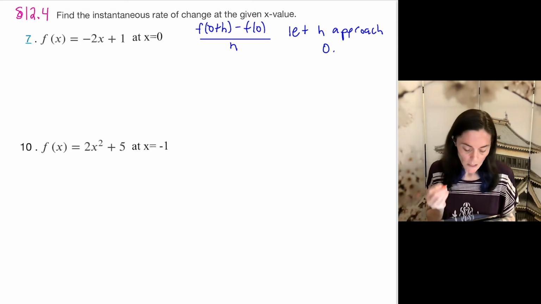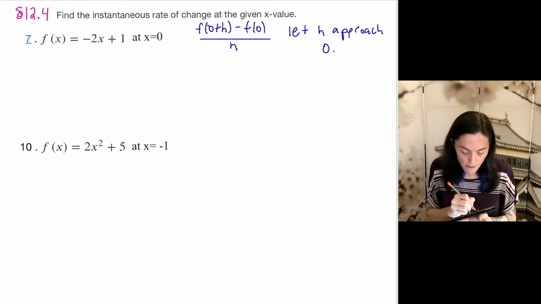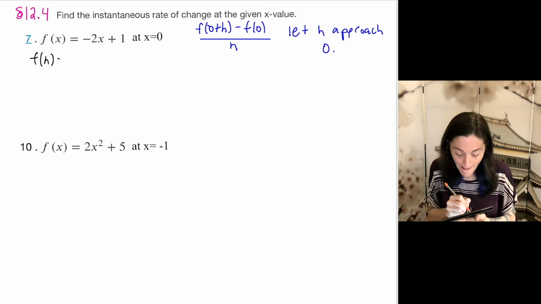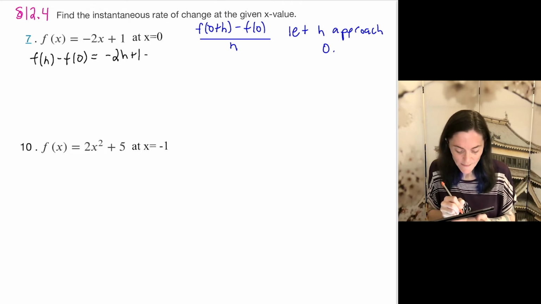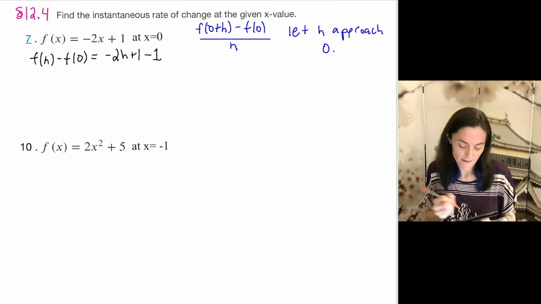So f of 0 plus h is just f of h. Let's begin. F of h minus f of 0 is, well, we have minus 2h plus 1, and then subtract off, well, f of 0 is just 1. So we just get negative 2h.